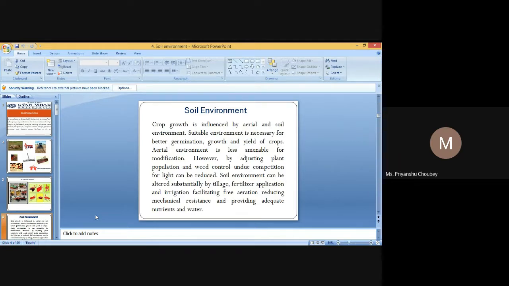However, by adjusting plant population and weed control, the competition for light can be reduced. Soil environment can be altered substantially by fertilizer application and irrigation, facilitating free irrigation, reducing mechanical resistance, and providing adequate nutrient and water.